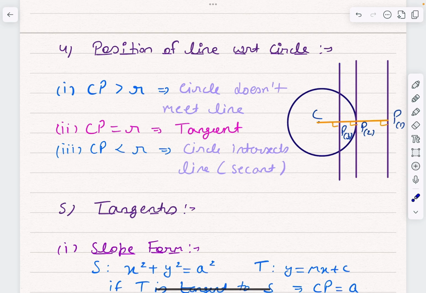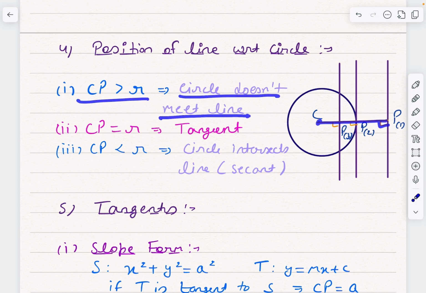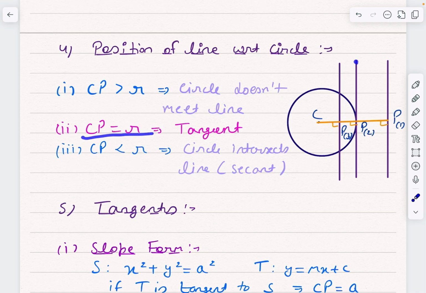Now, how do we find out? You just find the perpendicular distance of the center to the line. If it is more than the radius, it will be outside the circle, so the line will not meet the circle. If it is equal to the radius, it will be a tangent to the circle, like in this case, no? And if CP is less than R, then it will be a chord, or you can say a secant.